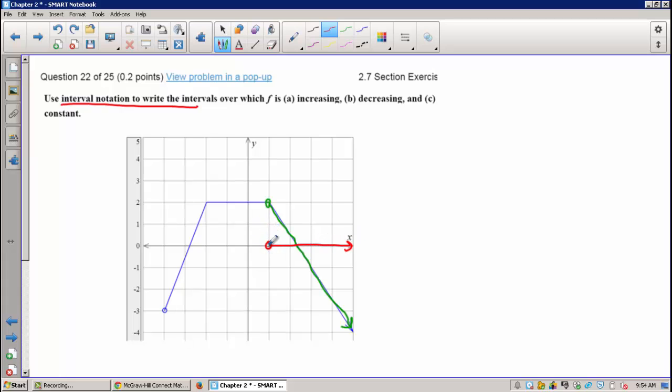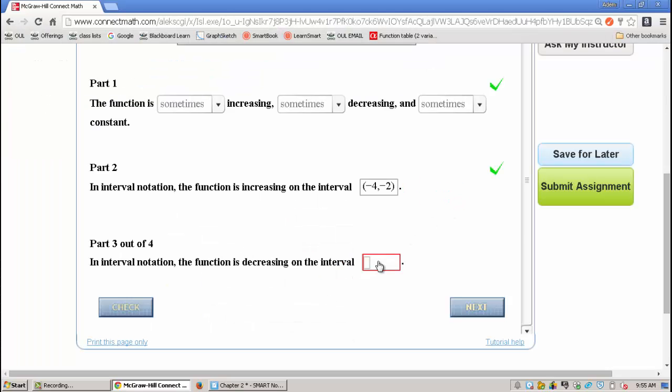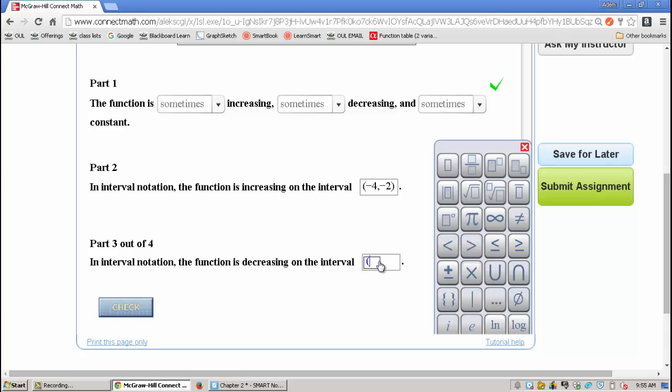What is the starting point? It's positive 1, 2, 3, 4, 5. How far does it go? Infinity. So it is 1 to infinity, the answer. Okay. One comma infinity is next.